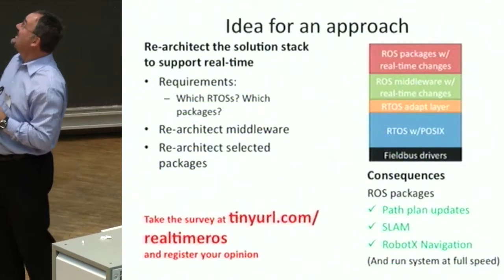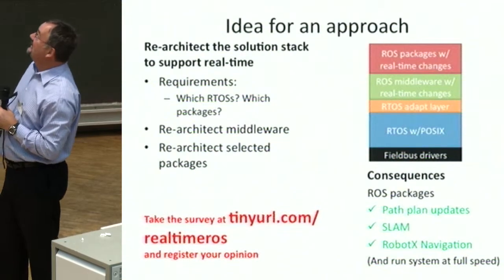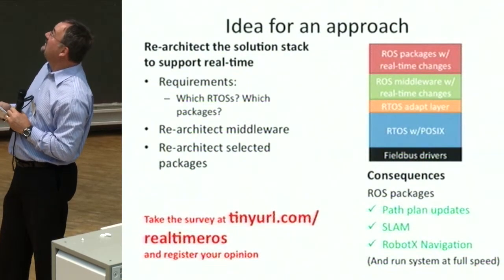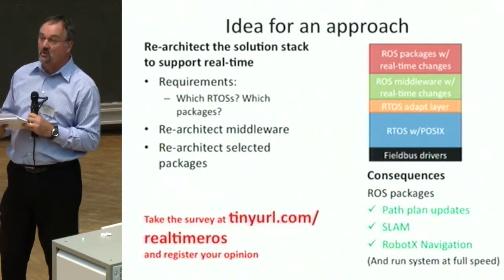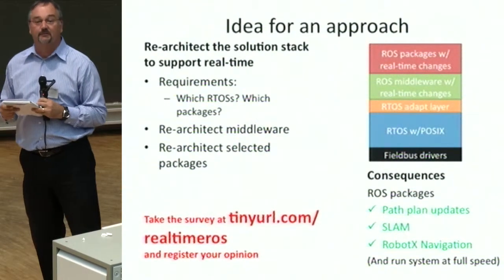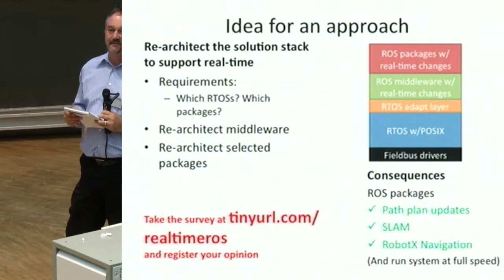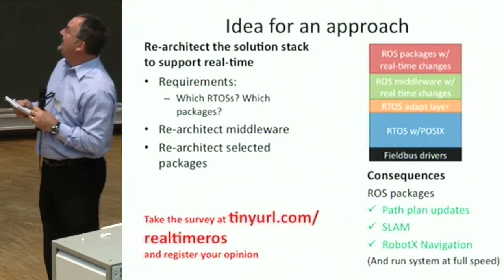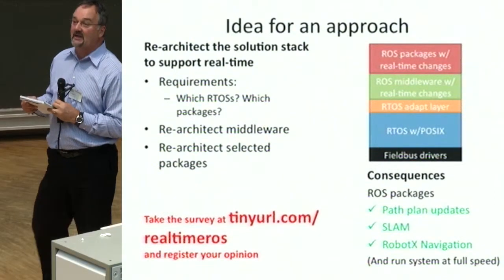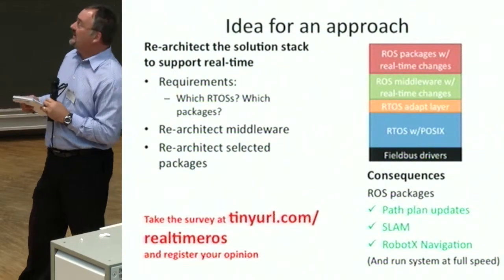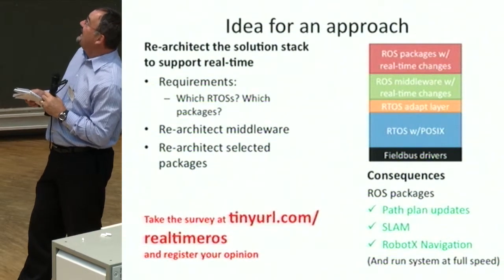Next slide, please. So this is an idea for an approach. We could perhaps select an RTOS. If a POSIX interface was enough for ROS to run, then there are several RTOSs that do offer POSIX interfaces.